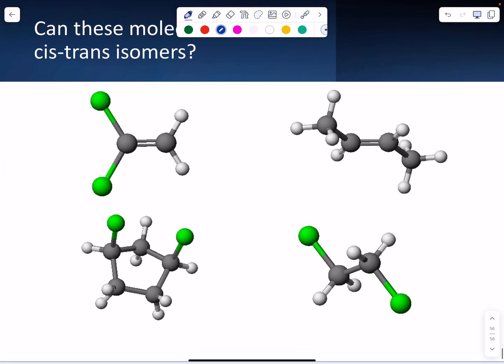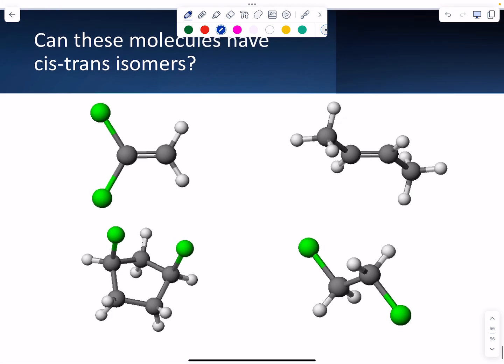All right, so let's look at these guys. Can these molecules have cis versus trans isomers? First of all, which ones cannot? You can tell right away that two of them can't.